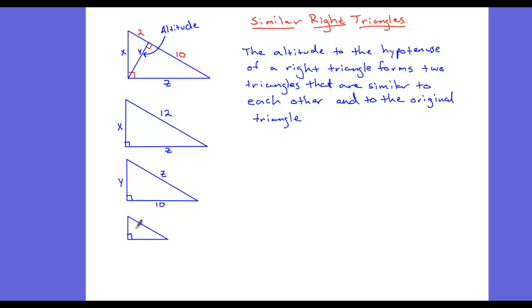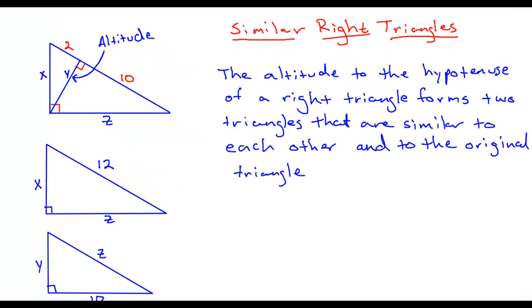Across from the right angle is x. Right here to the left of the right angle, that's 2, and this bottom over here is y. So now I've got these three right triangles that I know are similar to each other, and that's going to be very important to help me find all these side lengths.